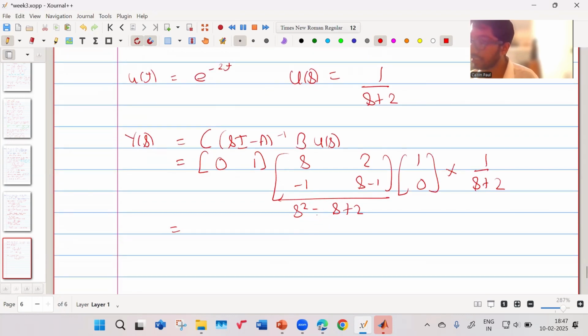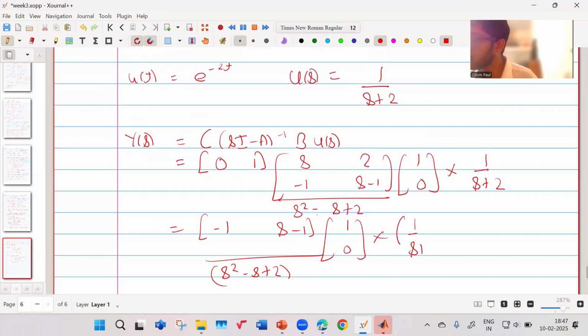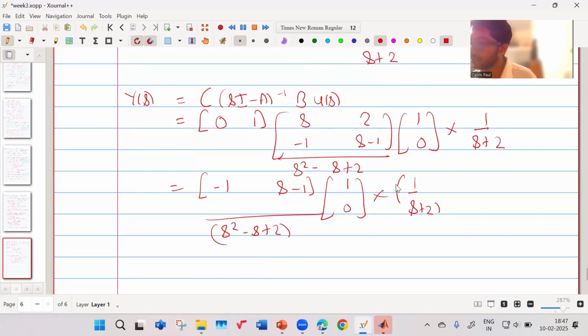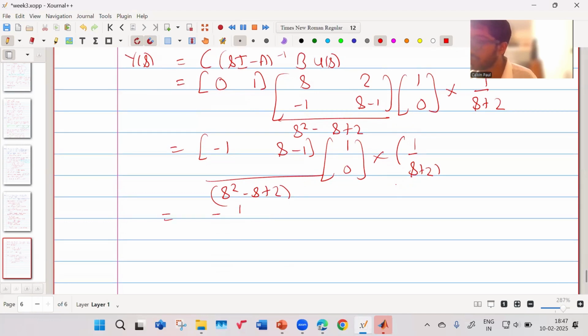So 0 into 1, so this becomes minus 1, and s minus 1 upon s square minus s plus 2, with the [1; 0] matrix into 1 upon s plus 2. So this becomes equal to minus 1 upon s square minus s plus 2 into 1 upon s plus 2. So this is the response, y of s.